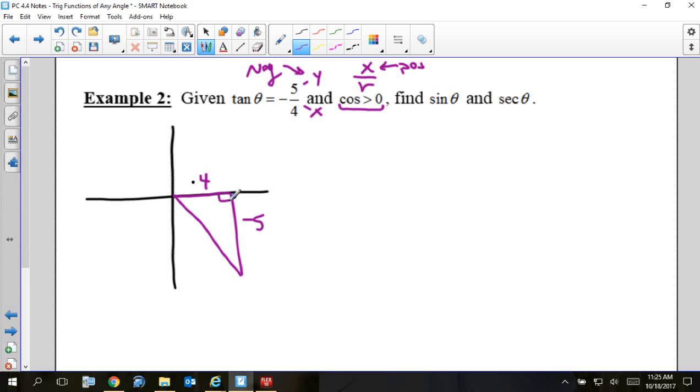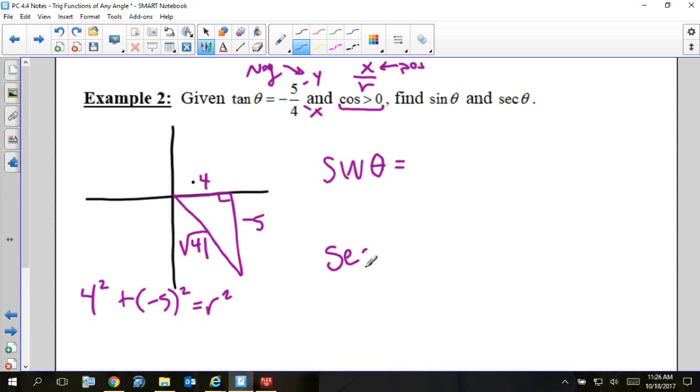And then you are going to have to do your Pythagorean theorem for the radius, which ends up being square root 41. And it asks for the sine of theta and the secant of theta. Now, I know the group in the middle, you guys made this into a unit circle, which is totally fine.